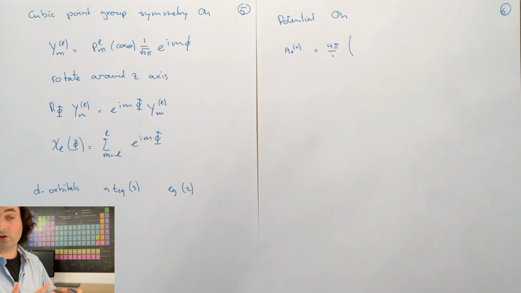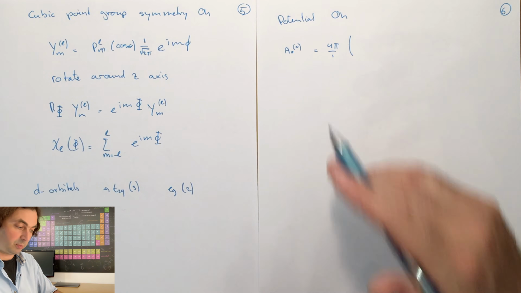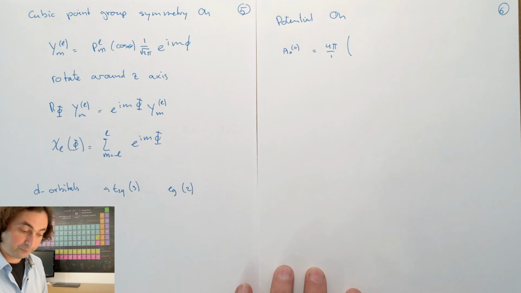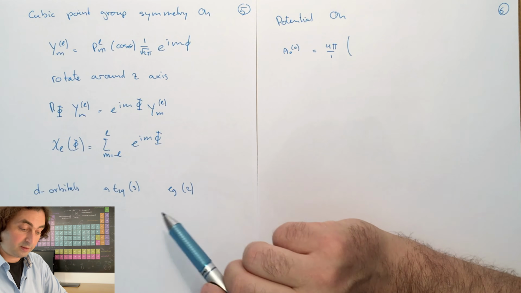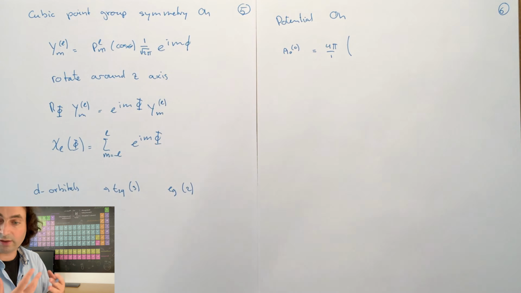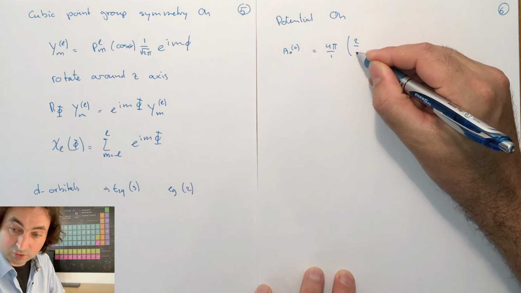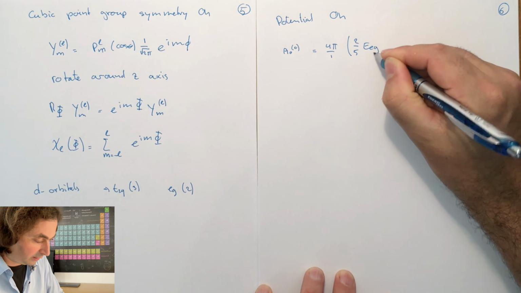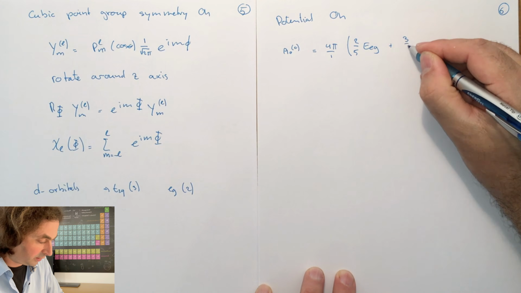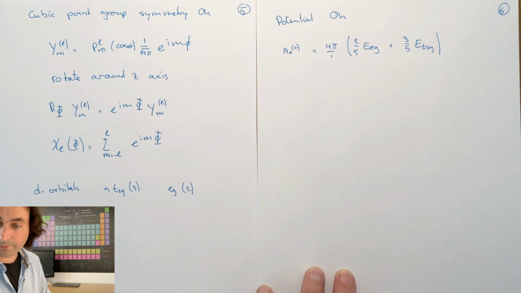And that of course can just be a number which tells you how the center of gravity of your system is changing, because this is the spherical component. But if we think of the T2g's and give them the energy E T2g, and Eg's and give them the energy of the Eg's, then your center of gravity has to be 2/5 times the energy of the Eg's plus 3/5 times the energy of the T2g's.